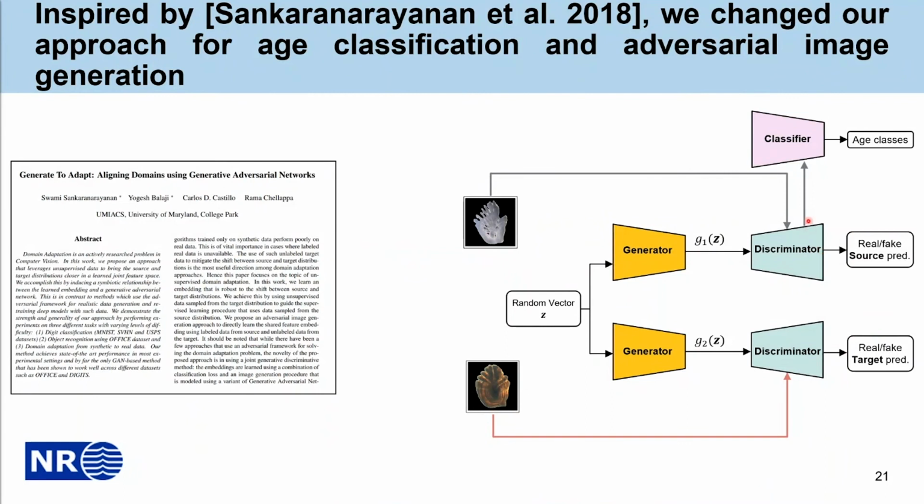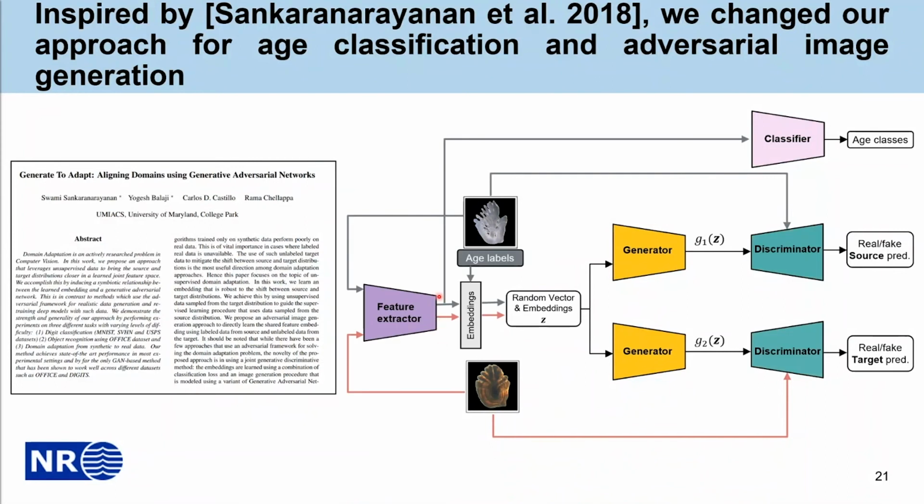What you see is that the classification branch received as input the output of the source discriminator. So we decided to change this process such that we introduce a feature extraction network, such that we take the source images, we generate features, and we input them into the classifier to predict the age classes. So this is one change.